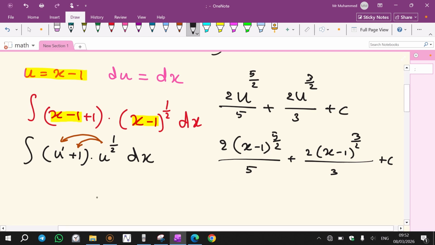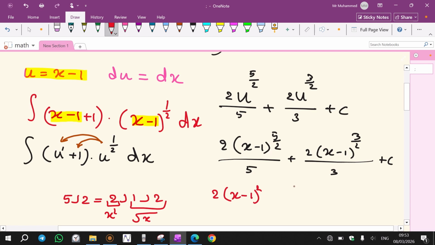If you write 5 over 2 in your calculator, we already had this idea in differentiation, you will get 2, 1, 2. The first 2 is going to be the power 2, and the 1 over 2 is going to be radical. So here I can write 2 times x minus 1 power 2 times square root x minus 1, all over 5. This is how we open this power.